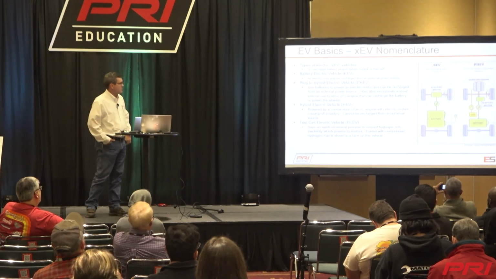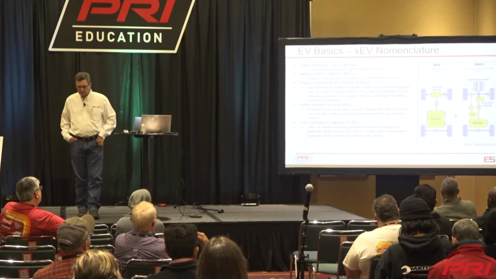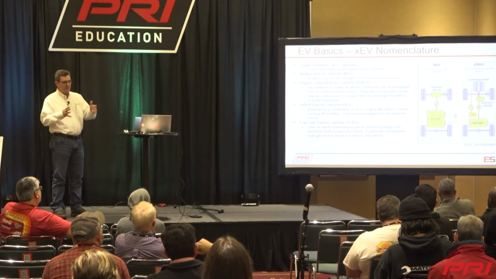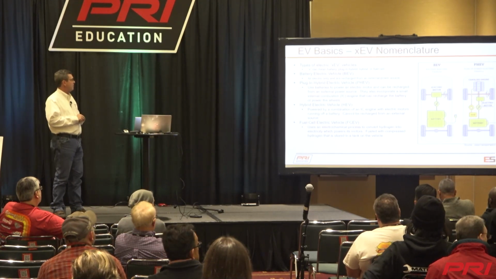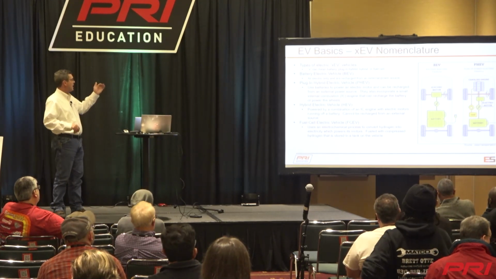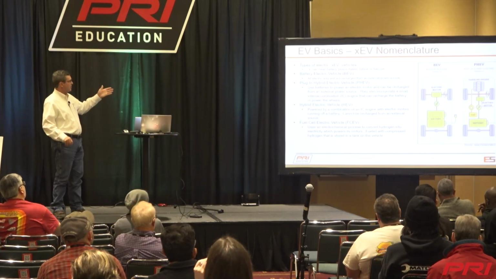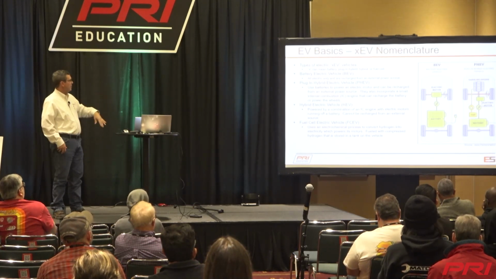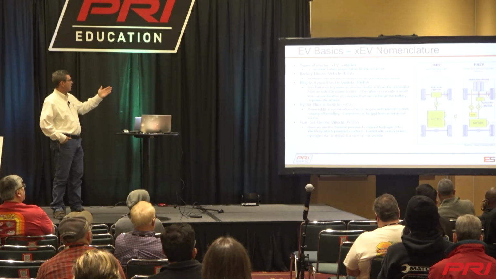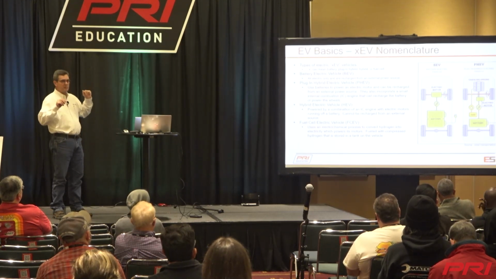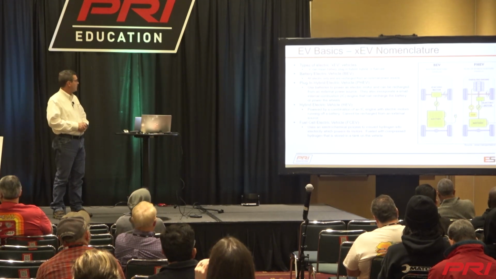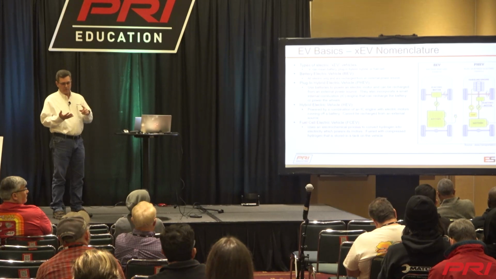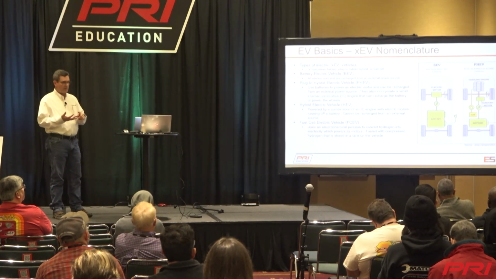Some of the nomenclature, you see a lot of this out there. You see XEV, or some of these other acronyms. The X can mean whether it's a battery, a plug-in hybrid, a full hybrid, or a fuel cell. The battery electric vehicle is obviously electric only. There's no other power source in it. The plug-in has not only the electric motors, but also a gasoline or diesel engine, some kind of internal combustion engine.